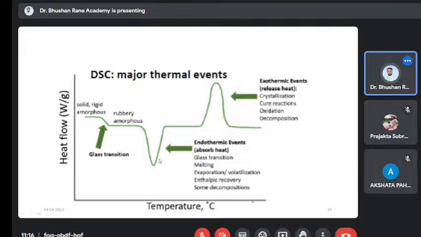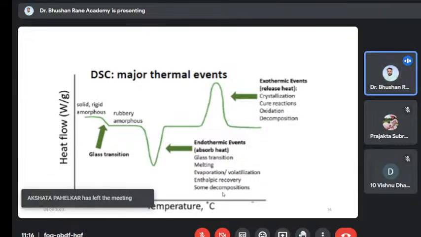After that, there are endothermic events, which may occur when the molecule absorbs heat. At that time, it may show the glass transition temperature, the melting of the drug, the evaporation of solvents, hydrates or volatilization, enthalpic recovery, or the molecule undergoing some sort of decomposition when that temperature is applied.